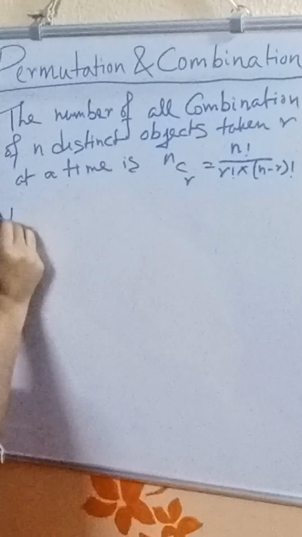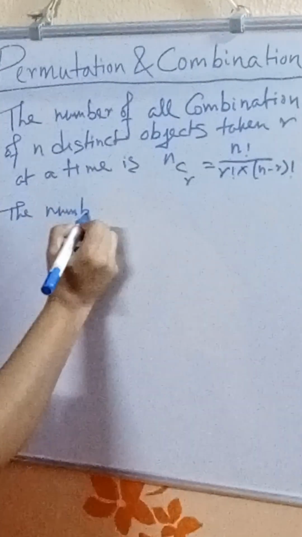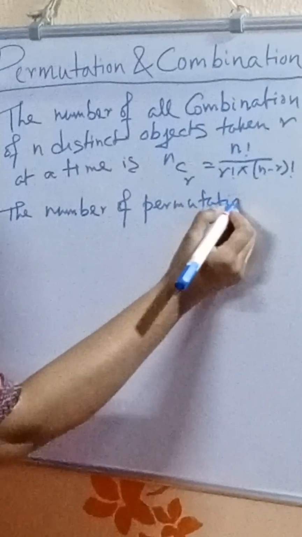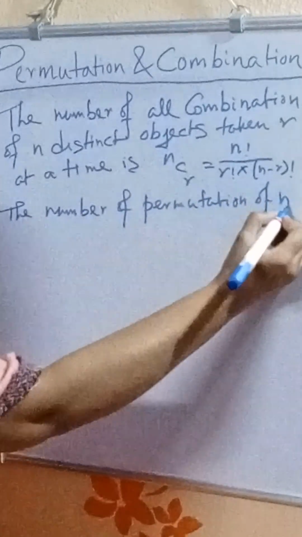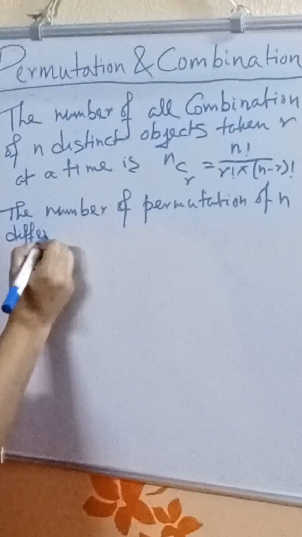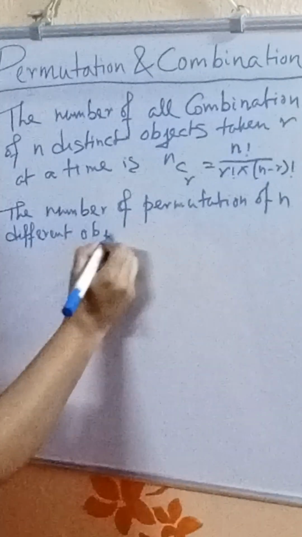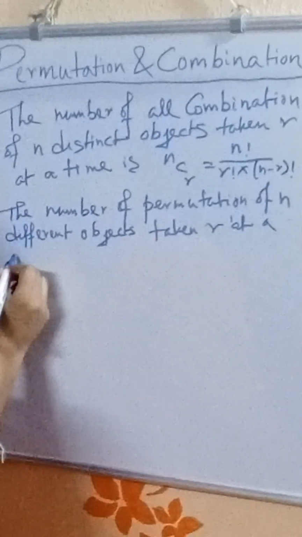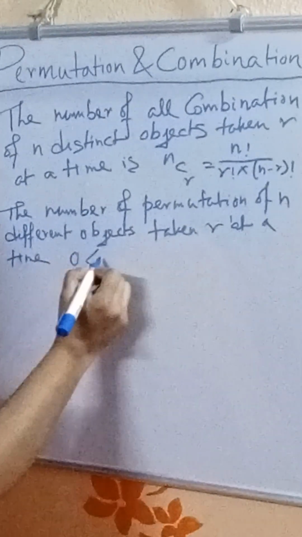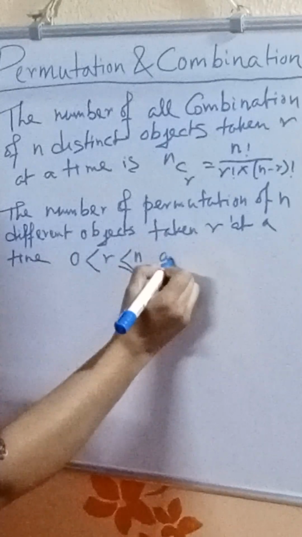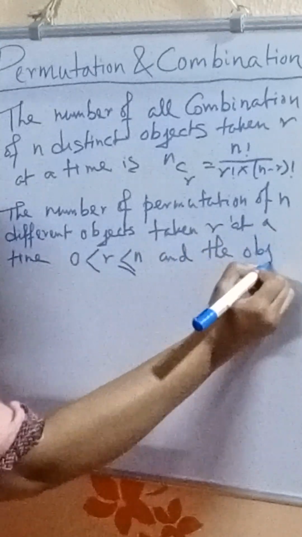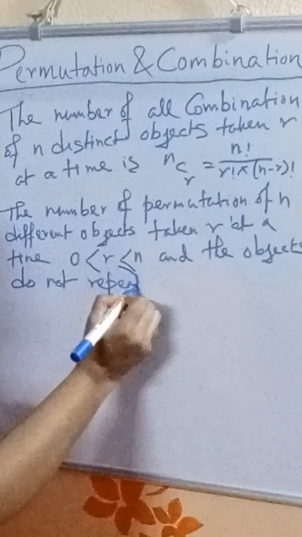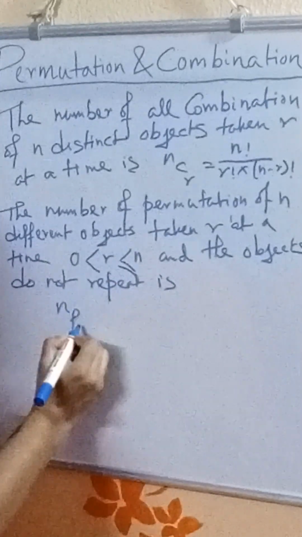And the number of permutations of n different objects taken r at a time, where 0 is less than r less than or equal to n and the objects do not repeat, is nPr.